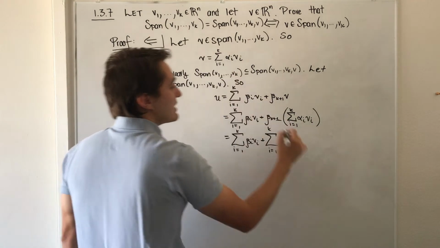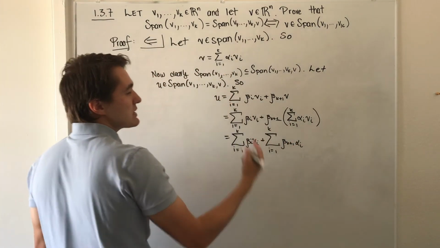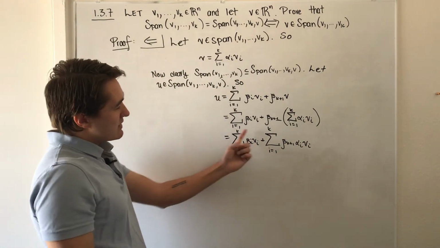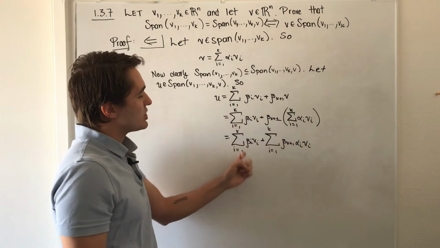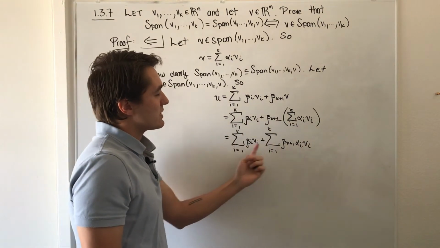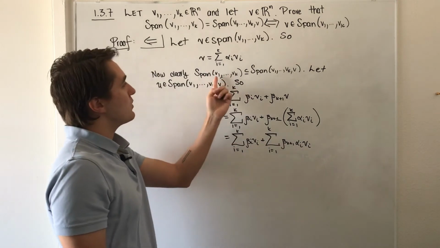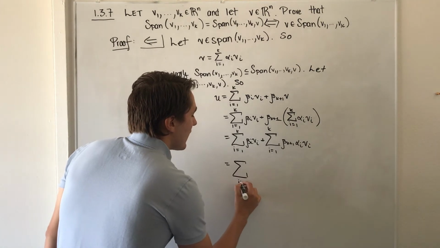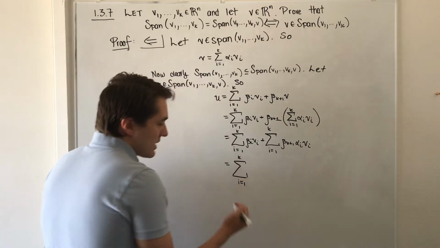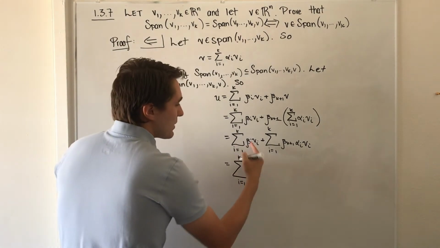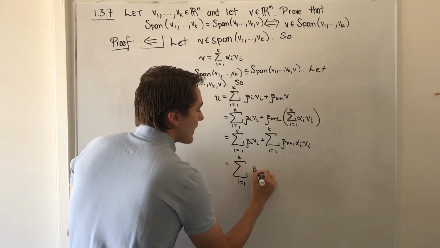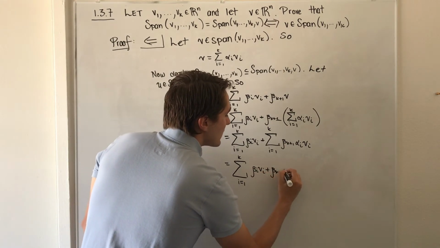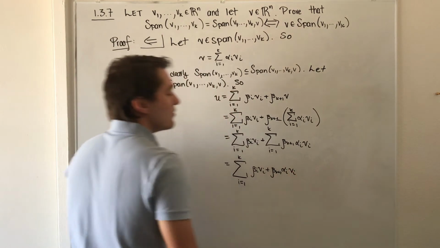These guys are indexed on the same range from 1 to k, and with respect to the same vectors, V1 through Vk. So I'm going to combine that into a single sum, i equals 1 to k. I could skip a step, but let's do it step by step. So it's beta i Vi plus beta k plus 1 alpha i Vi.